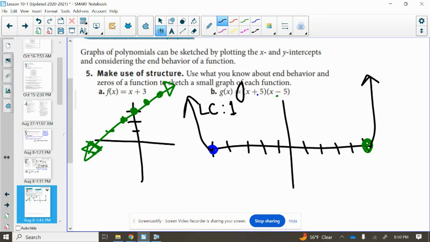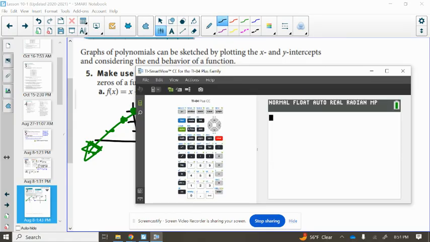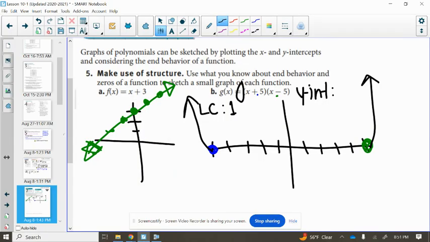and it's the same direction since it is even. Now, last but not least, a common thing we can also find is our y-intercept, because if we plug in 0 for x, so let's use the store button here, 0, we're going to store that as x. We have x minus 5 times x plus 5, and again we plug in that 0, we end up getting that output value of negative 25.